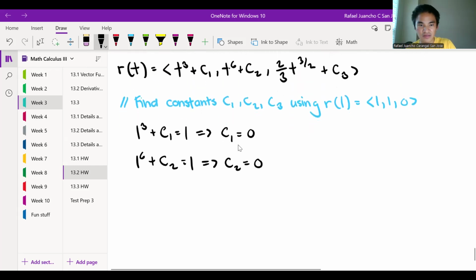So we plug in 2 over 3 times 1 to the power of 3 over 2, which is just 2 over 3, plus c3. This is apparently 0. And so here we have 2 over 3 plus some constant is equal to 0. So that means the other constant is negative 2/3.